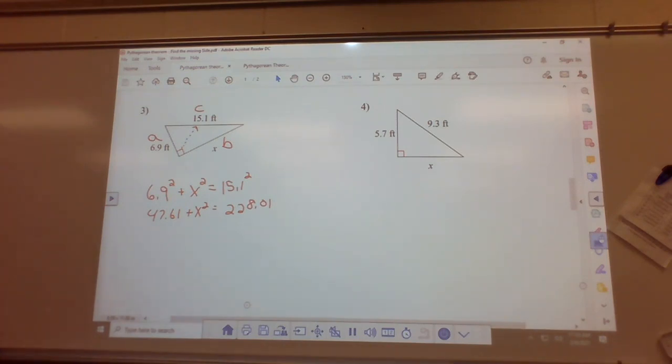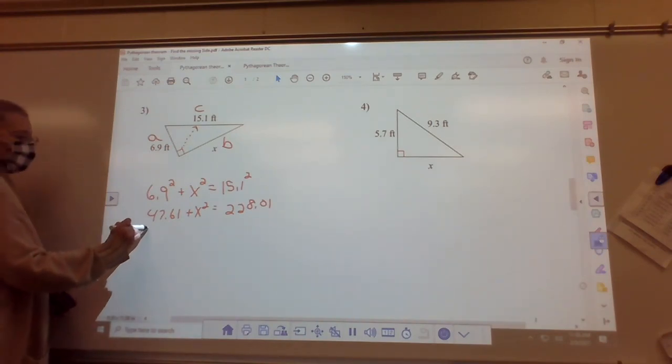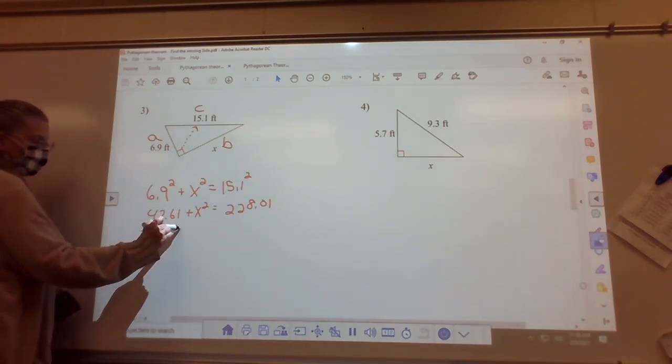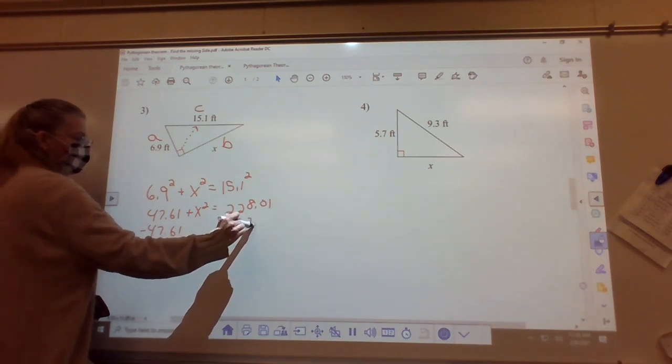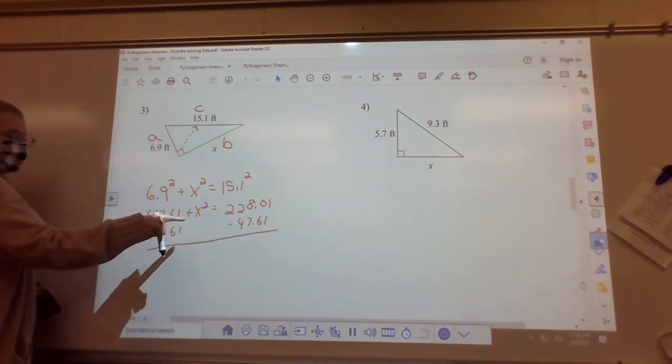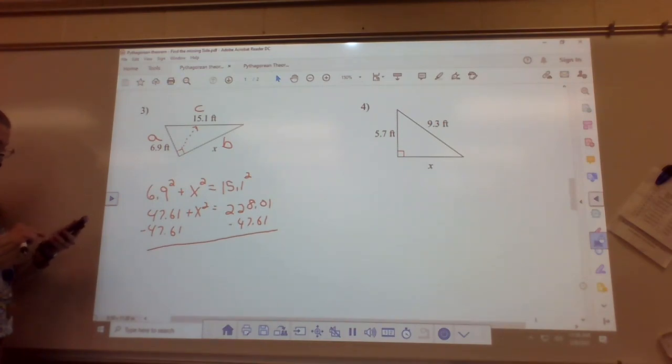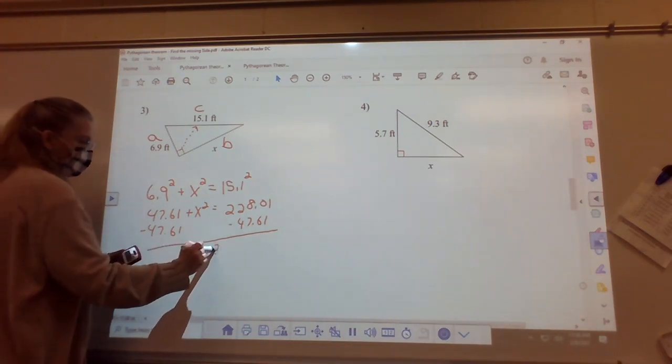But now to solve for X, what's my next step? You have to subtract 47.61. Now most of the time I don't show this step, but I am on this one. Subtract the 47.61, because I've got to get this X by itself.